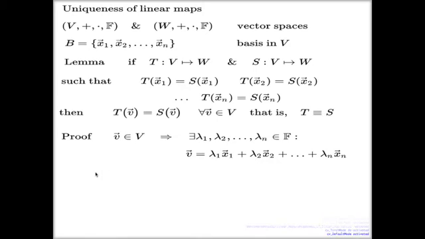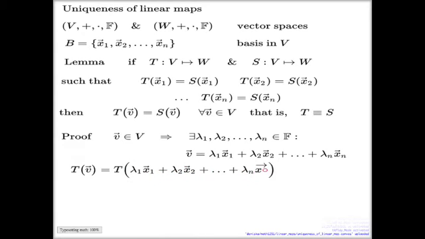So now, if I go after T of v, I can use my representation in terms of my basis. Now, property three, remember this property of linear maps. If you apply a linear map to a linear combination, you can just do the expansion. That's what I mean when I say it's very rare that you use A and B alone.